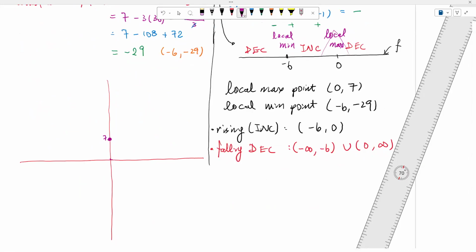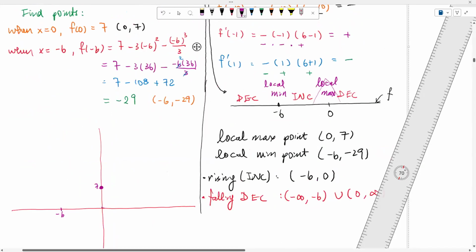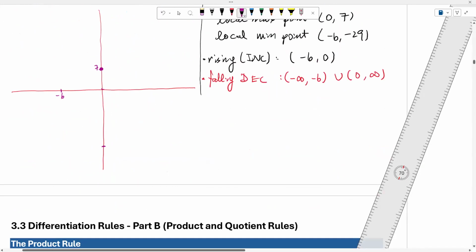And the local minimum is at negative 6, negative 29. Between negative infinity and negative 6, the function is decreasing.